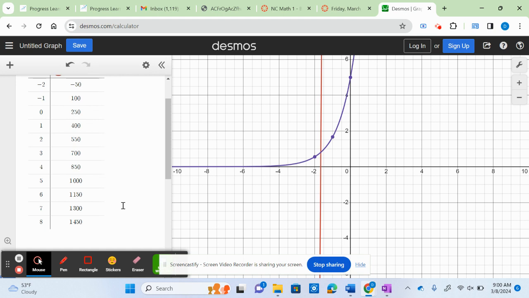Once I have my equation built, I can click on that here and I want a table. I want it to calculate my values for me. I'm just going to get some numbers. Now I'm going to do a new equation. I want you to put in your g function, which is g of x equals here.